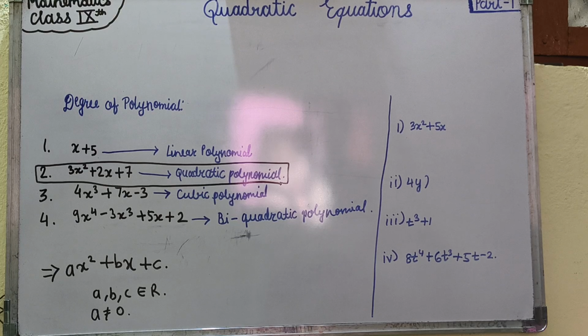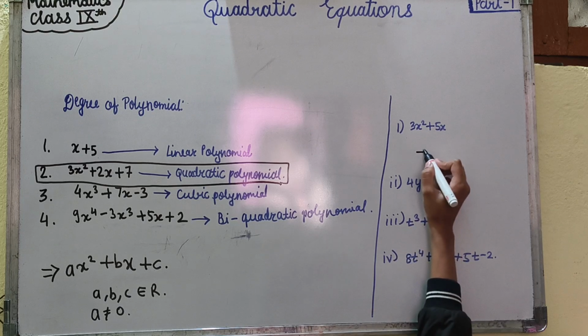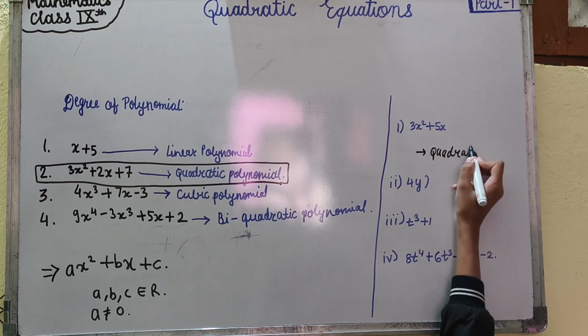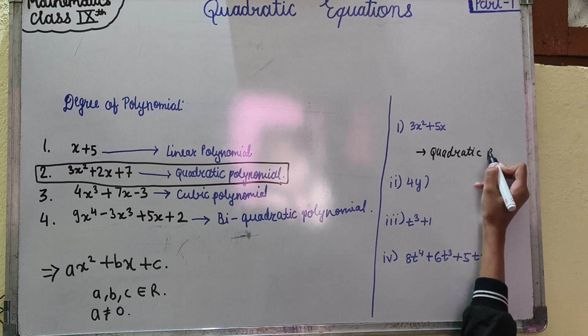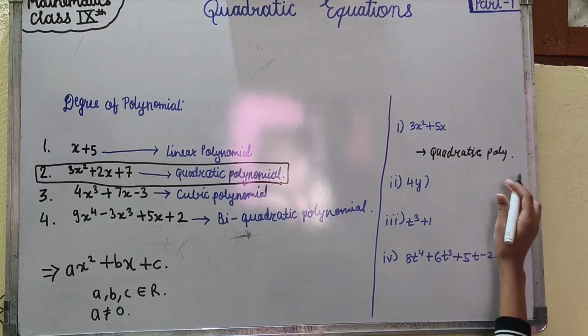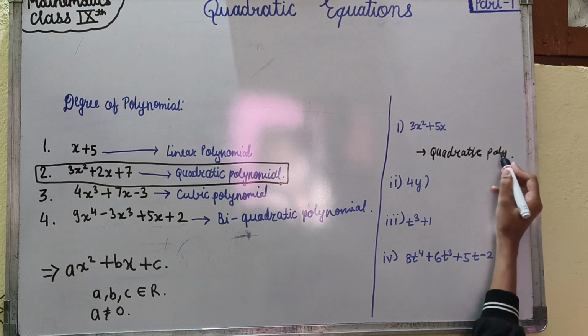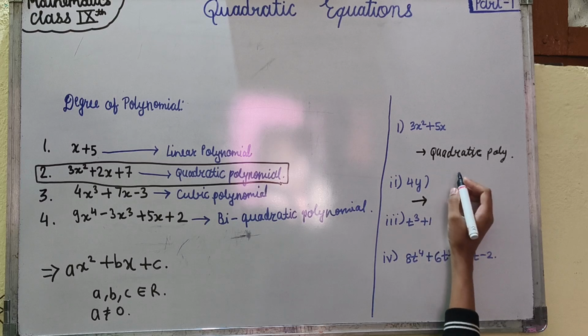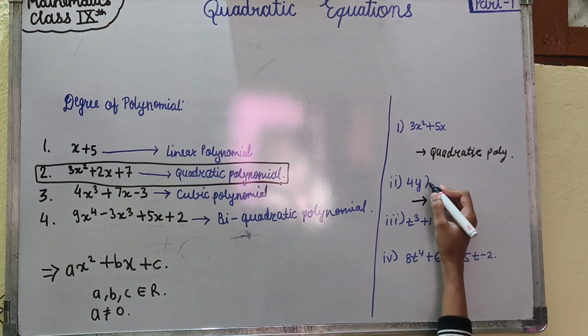The highest degree of first polynomial is 2. That means it is quadratic polynomial. I'll write POLY in short because I need to spend more time. 4y, the power is 1.